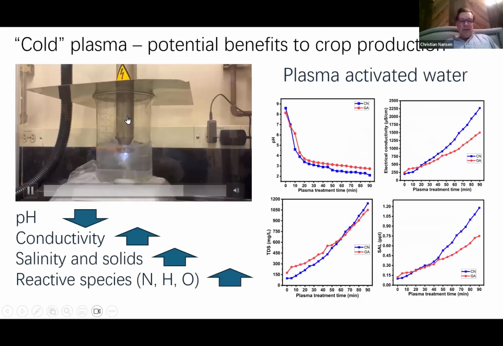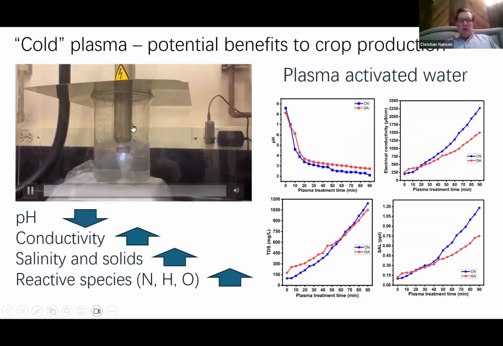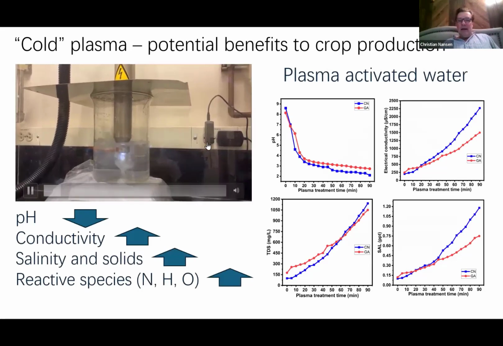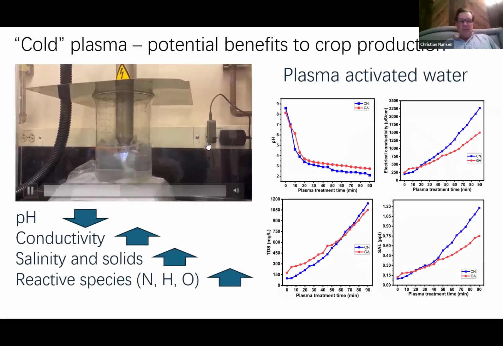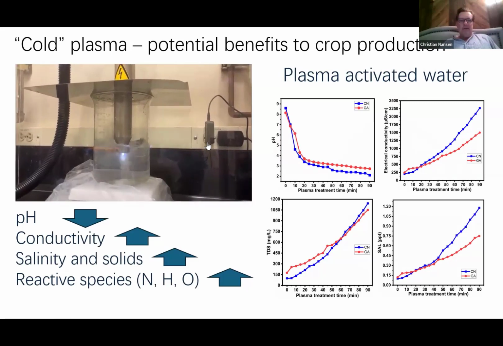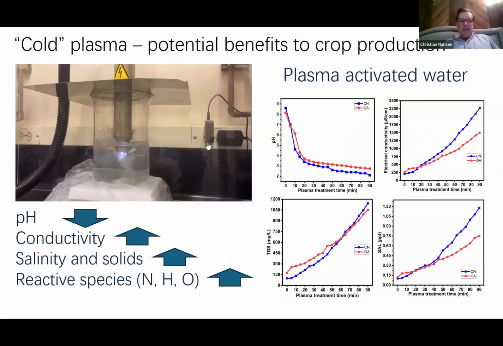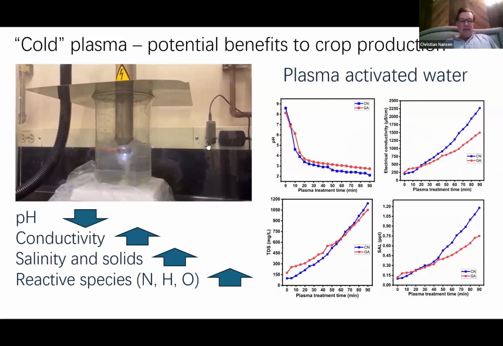This is our system. We have the jet being inserted into the water, and within seconds, literally, depending on the volume and the quality of the water that we are using, very quickly we see a drop in pH.